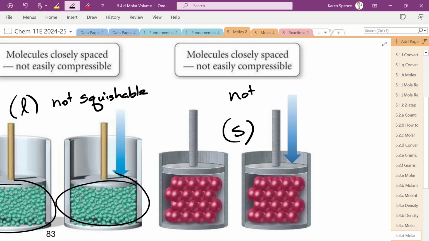So if you were to squish ice, like a skater does when they've got their blade on the ice, you will actually make the particles move closer together, which will turn it from a solid into a liquid, which is bizarre. That's not what normally happens with things, but water is like that. Okay?